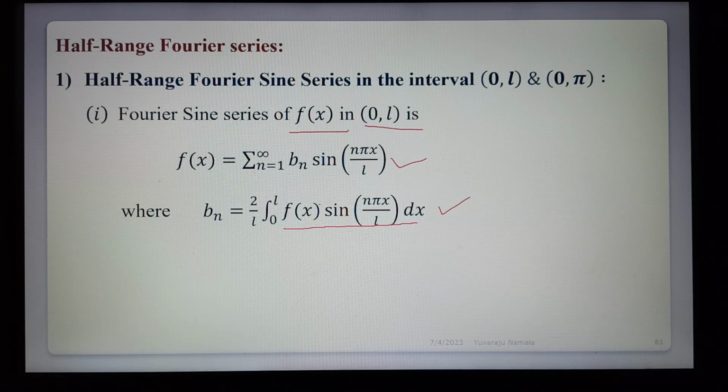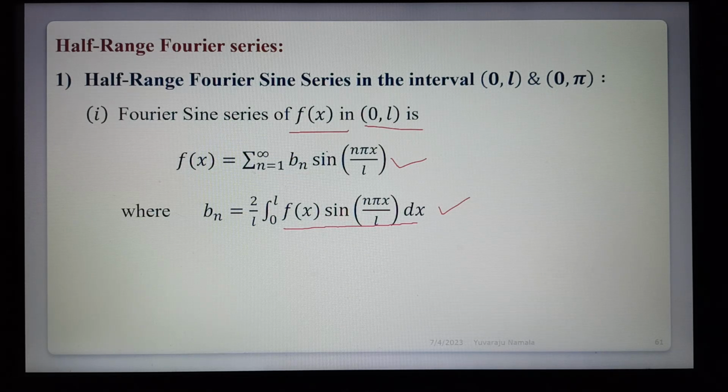We already found this for an odd function in the interval minus L comma L. It is the same here, a sine series in the interval 0 comma L only.